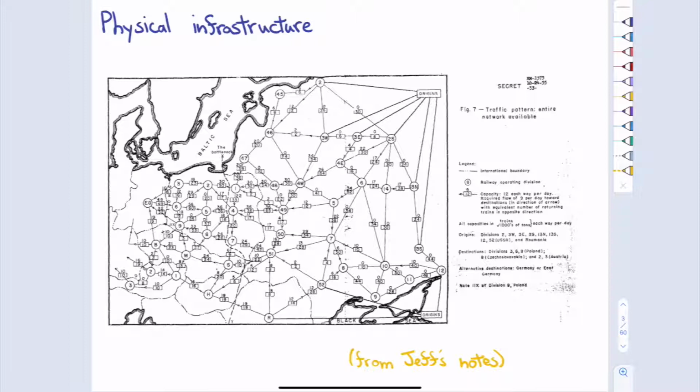A lot of the stuff we'll discuss today was developed post-World War II, in the early Cold War, when operations research was picking up steam. Here, this is a railroad network, but it could be an electrical network or something else. They're analyzing the physical infrastructure of Eastern Europe, and they're trying to find weak points in the network.